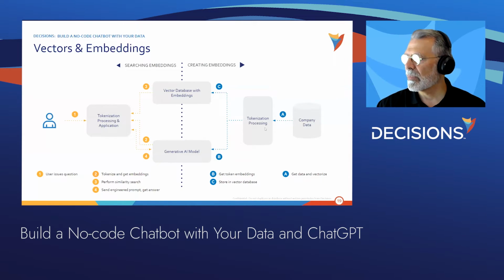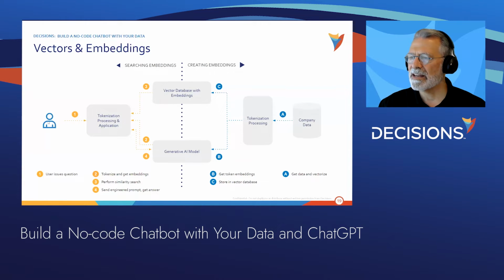We've taken that, we've run it through this tokenization processing, and I'll talk about that in a minute. We send it to the AI model. We get these what's called embeddings, and then we save it in a vector database. So it's taking traditional data, vectorizing it, and then saving it in a database. And we have a kind of a batch process that Derek has built to run and take all of that and update this database. So this is creating these embeddings and saving them.